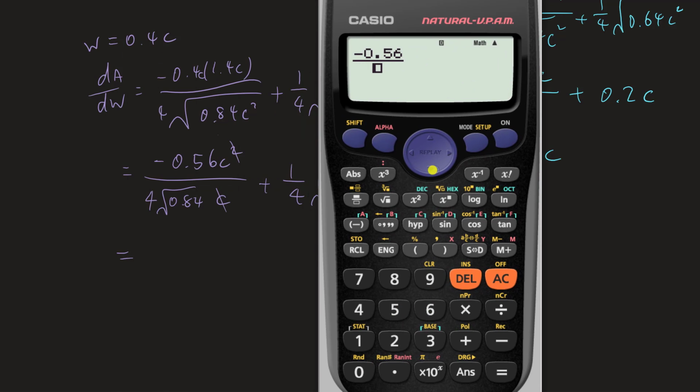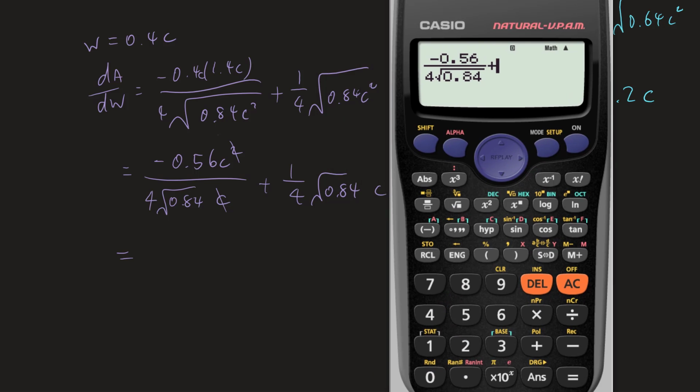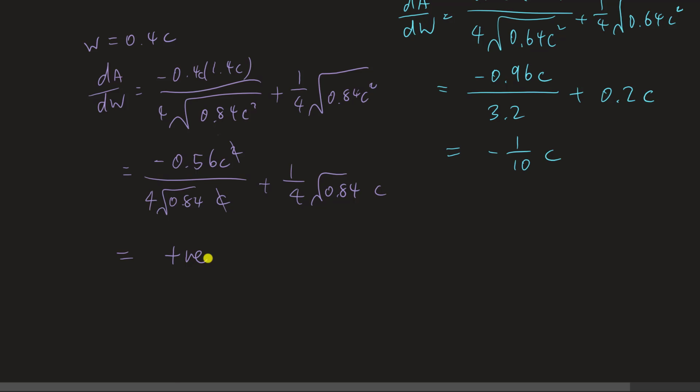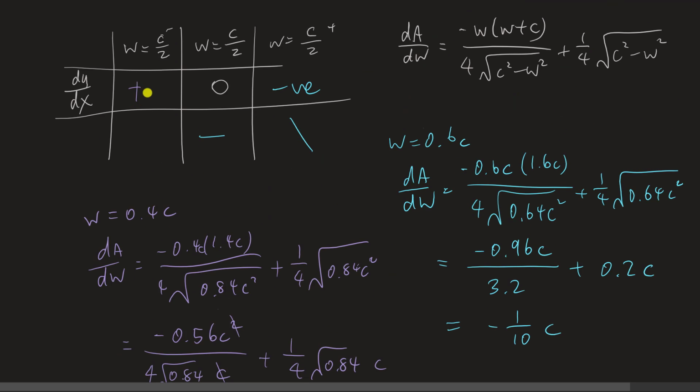Negative 0.56 over 4 root 0.84 plus 1/4 root 0.84. You end up with a positive number. Here, positive, so the shape looks like that. So this means that this is indeed a maximum because the curve looks like that. This is a maximum point.